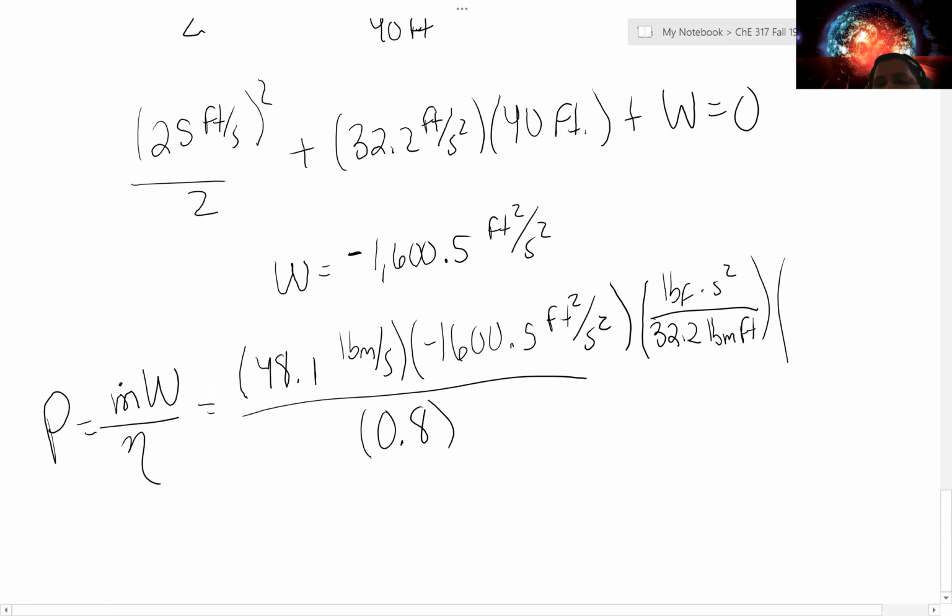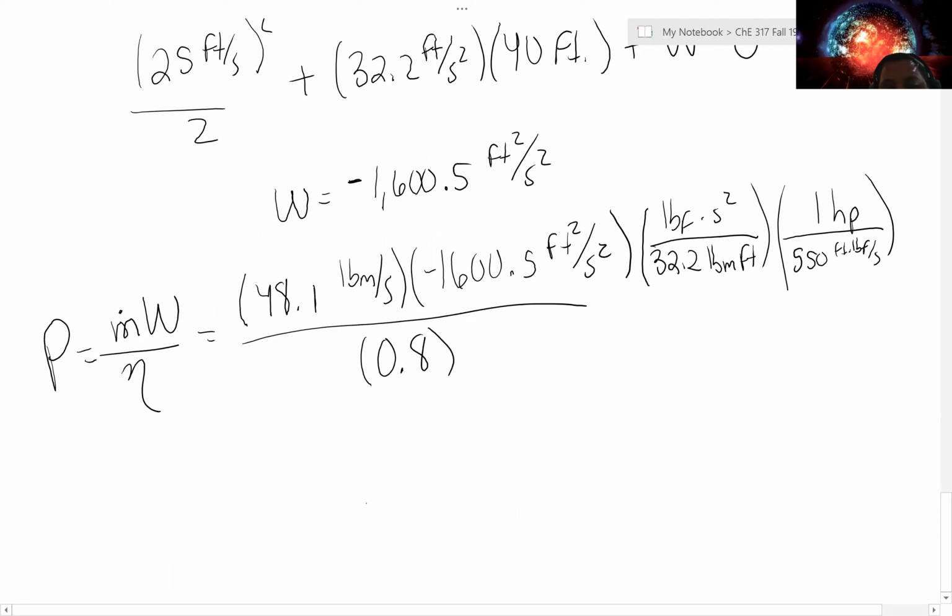Then I can convert that to horsepower by knowing that 550 foot-pound force per second is equal to 1 horsepower. If I run through that calculation, I should be left with approximately 5.4 horsepower.